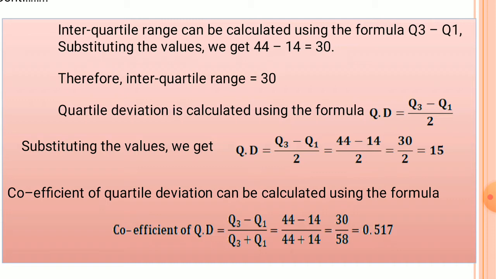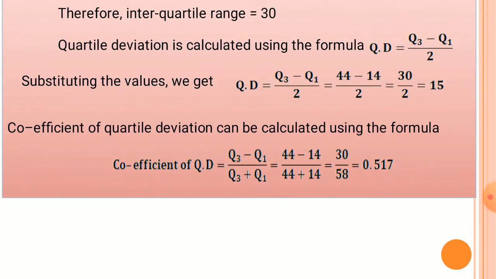Upper quartile minus lower quartile divided by 2 means 75% minus 25% divided by 2. So 44 (Q3) minus 14 (Q1) divided by 2 is equal to 30 by 2, which is equal to 15.